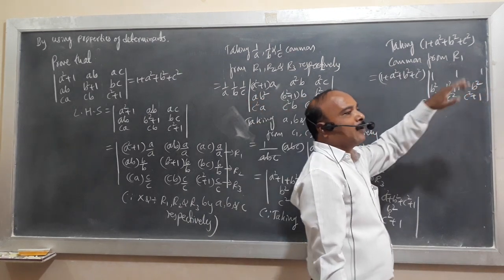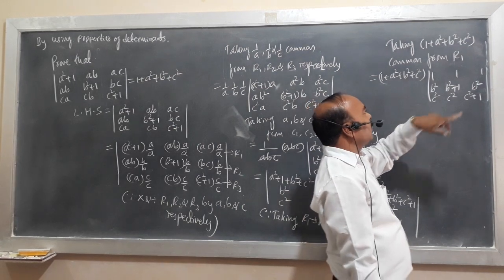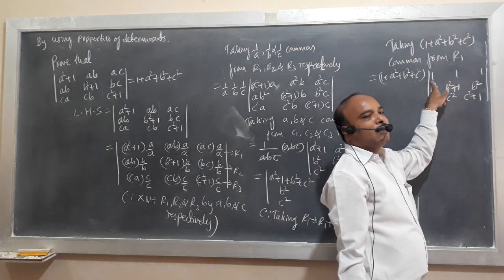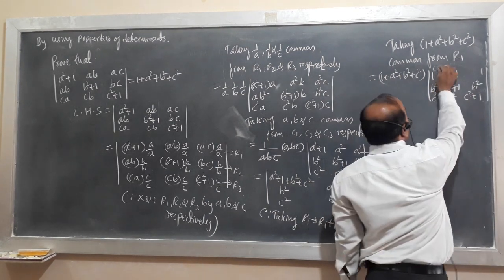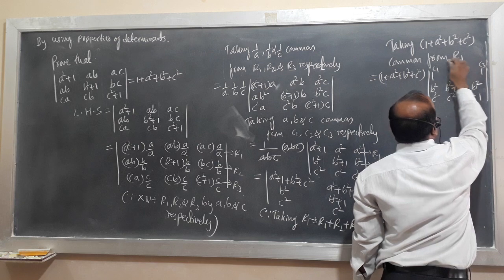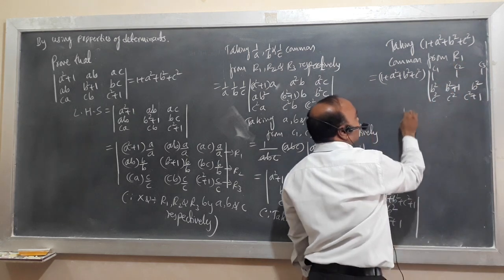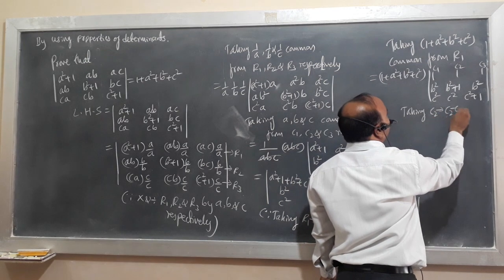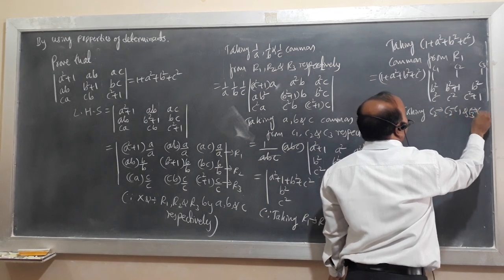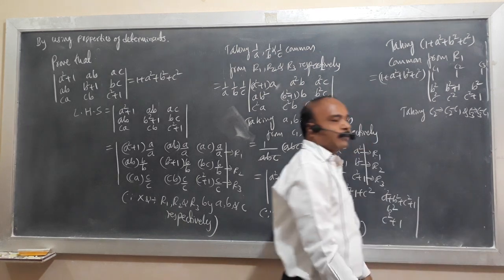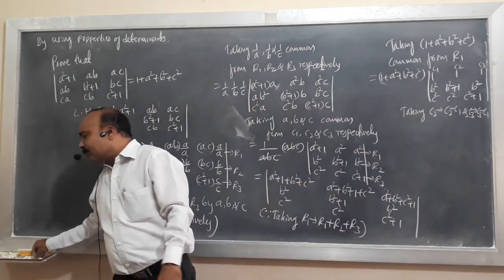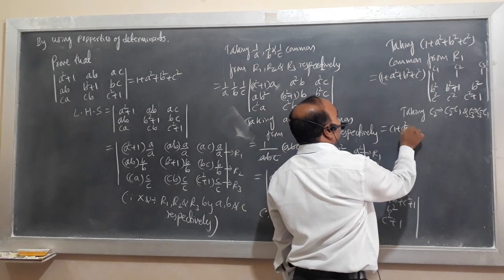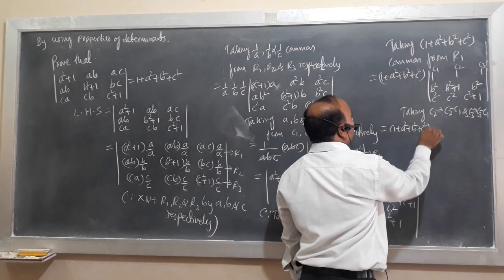For that we try for 2 zeros. It is possible if you take C2 minus C1 and C3 minus C1, and we get 2 zeros. Column wise we write C2 as C2 minus C1 and C3 as C3 minus C1. Then 1 plus a square plus b square plus c square stays outside as it is.